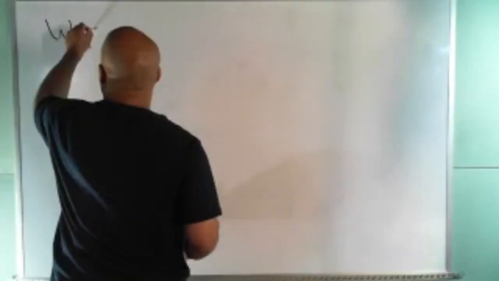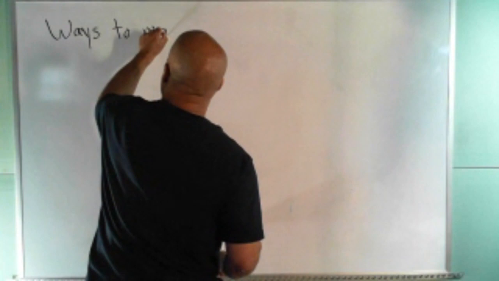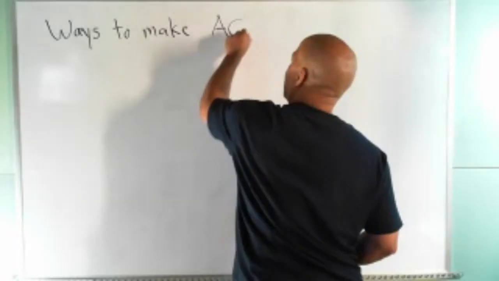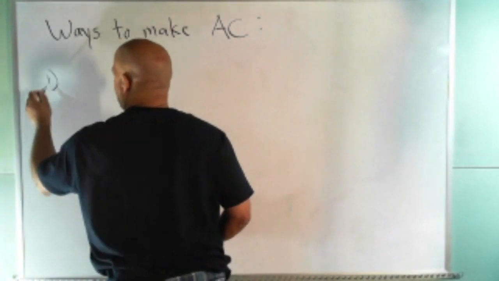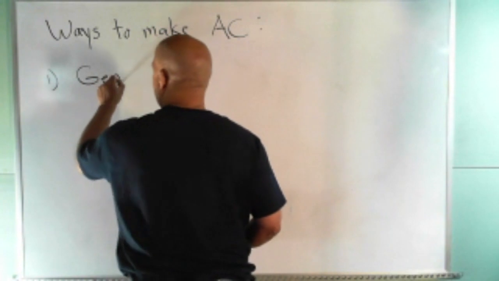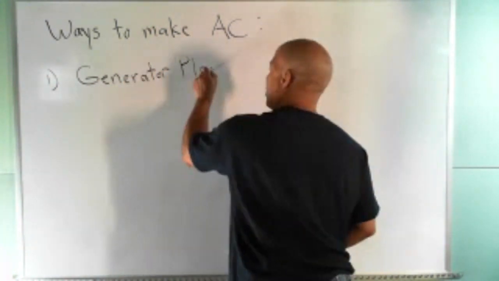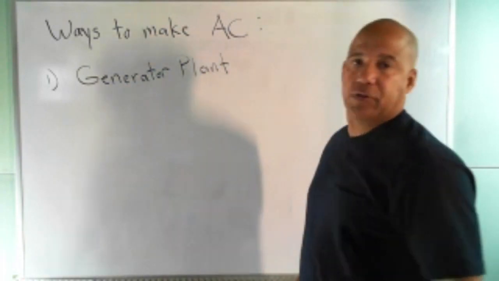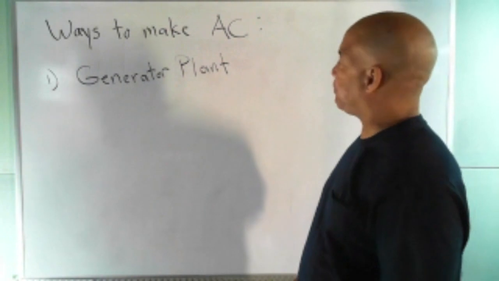So one way to make AC, this is ways to make AC. So one way, I'll just put number 1. One way is a generator plant. Okay, so that's like Duke Energy or whatever your power company is.